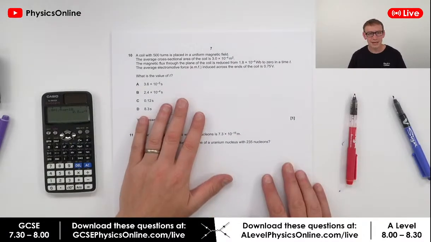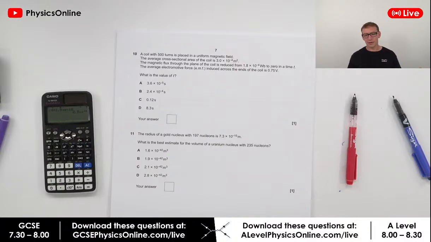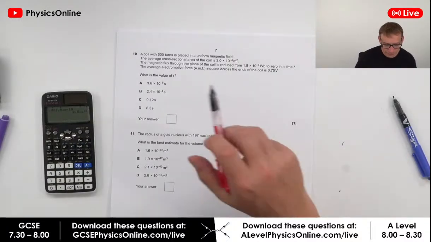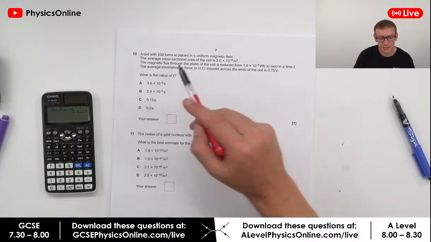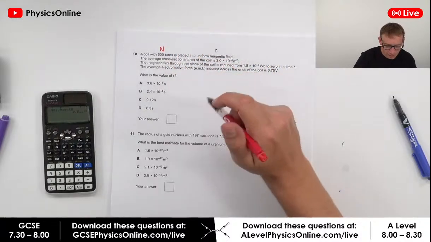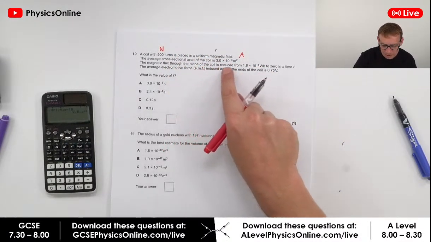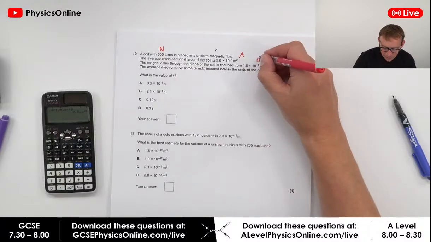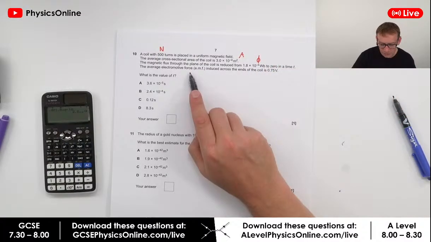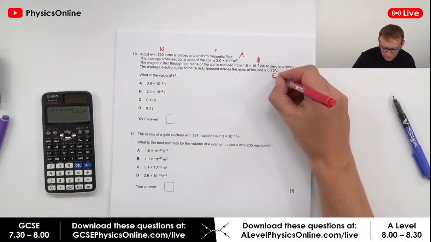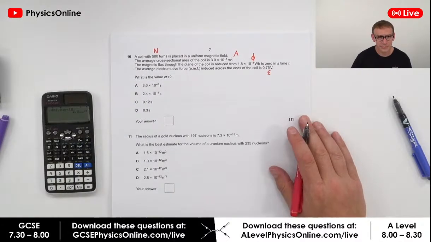Right. This question here, when I first did it, I got the wrong answer. So a coil with 500 turns, so that's N. We've got the average cross-sectional area, that's A. The magnetic flux is this thing here, which is phi. The average EMF is 0.75. What's the value of T?